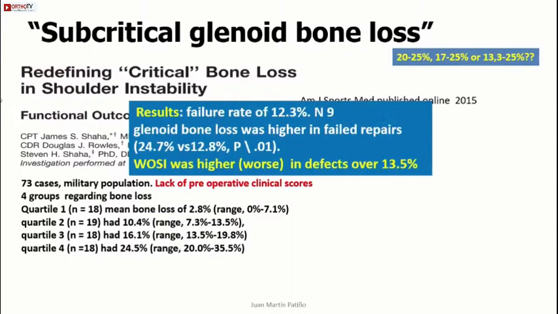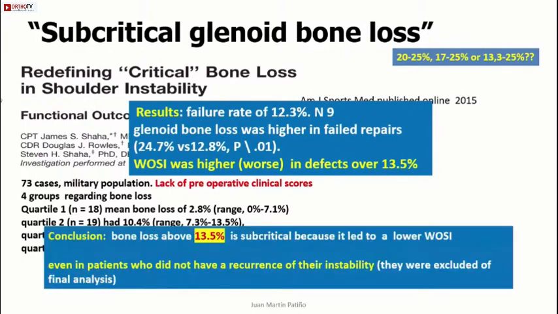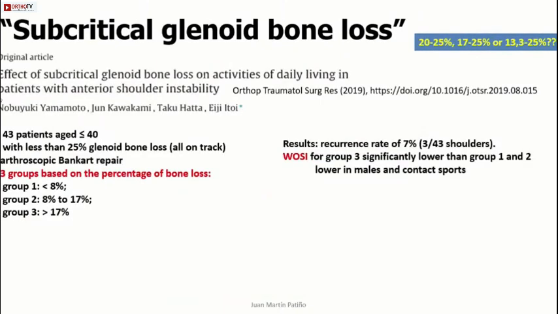They found a failure rate of 12%, and the WOSI, the Western Ontario Shoulder Instability score, was significantly worse in defects over 13.5%. So they concluded that this percentage, 13.5, is subcritical because it may lead to a lower WOSI score, even in patients who did not have a recurrence of their instability.